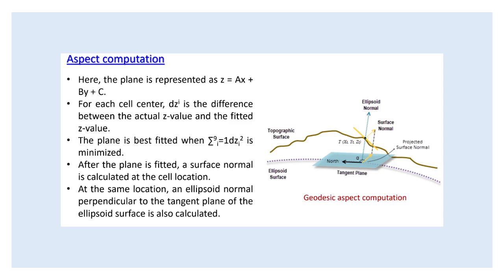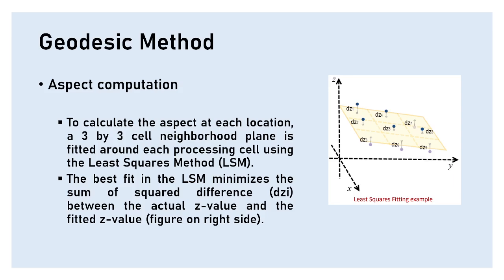There is a lot of mathematics involved, which I don't think we have to go into much detail on. I also need to refresh this. So the equation of the plane is z equals ax plus by plus c. For each cell, dz_i is the difference between the actual z value and the fitted z value. That is what we had seen in the previous diagram also: dz1, dz2.